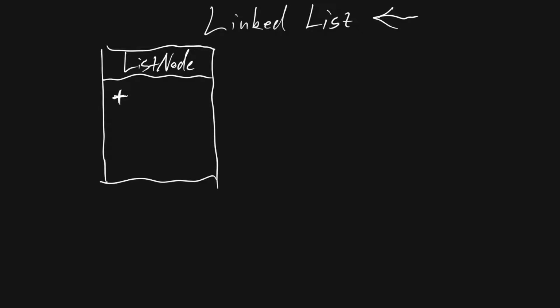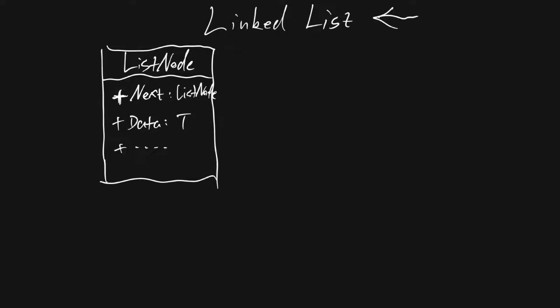So essentially, it's a reference to next, which is also a list node, and a reference of data of any type you want. And other things. You can have multiple things.